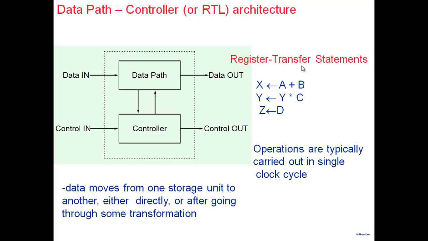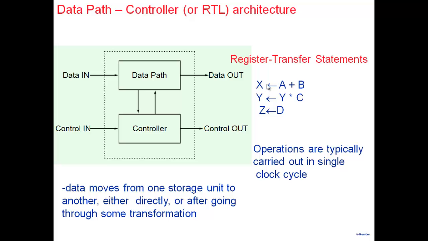Data is moving from one register, one storage unit, to another storage unit, either simply going from one unit to the other, or after undergoing some processing, some arithmetic operation, some logical operation, after which it is stored back here.